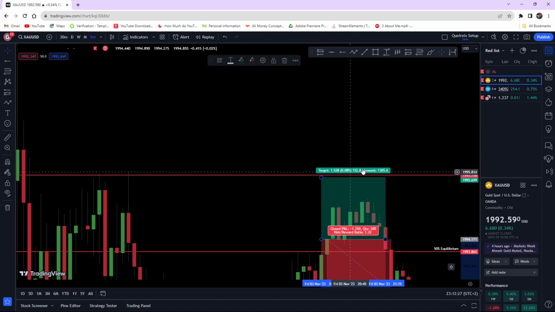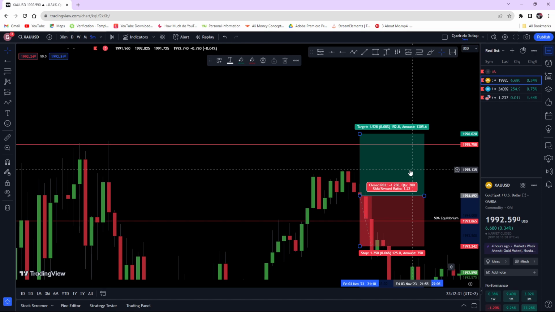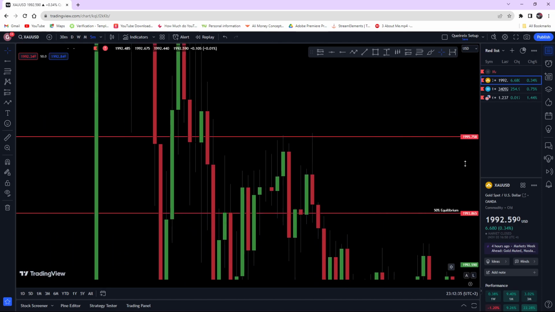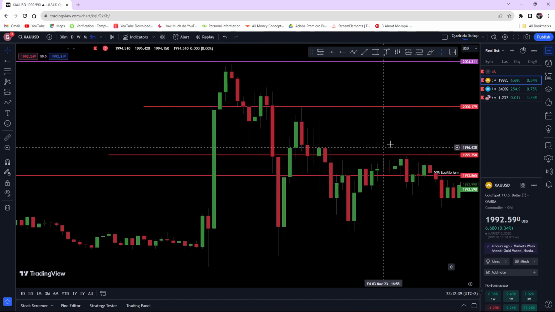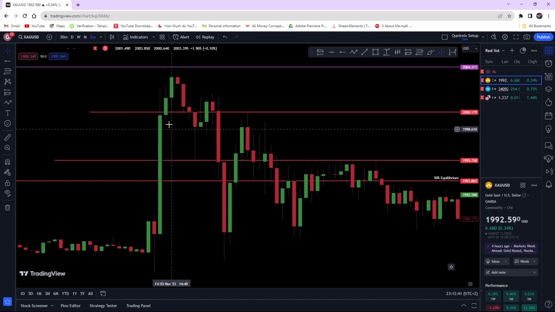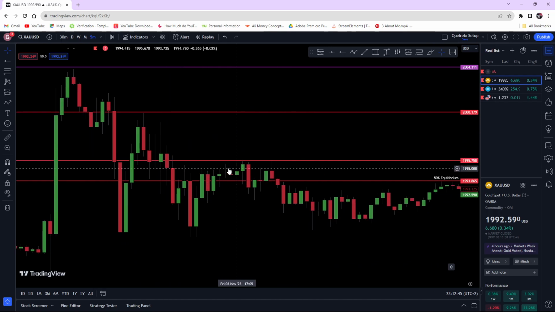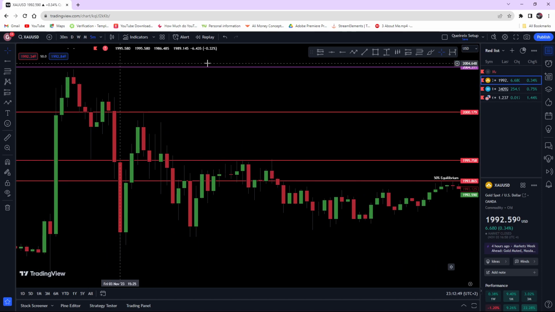That is a 1:1 risk to reward ratio, which I wouldn't take. I look for a 1:2 minimum move. If I can get a 1:2, then only I'll take it. And I think 1:2 is not even this move. Not even that move gives you a 1:2. I think this move would give you a 1:2.